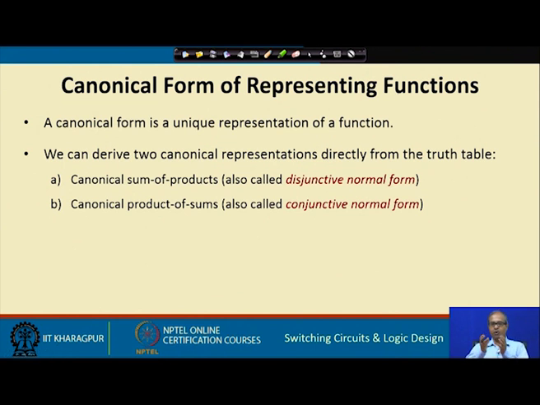Now, let us talk about some unique way of representing functions. We said that a function or a switching function is given to you, you can apply the rules to carry out minimization. Now, minimization can be carried out in a number of ways. If we can figure out which rule to apply, maybe we are able to minimize it very well, but it may also be possible that we have minimized it to some extent, but then we have missed out some rules.